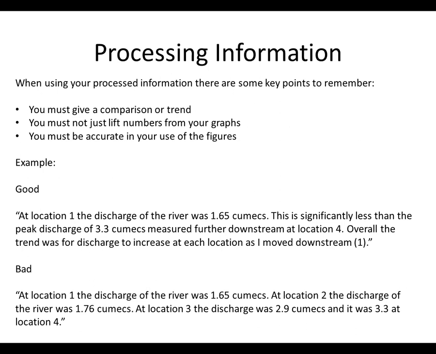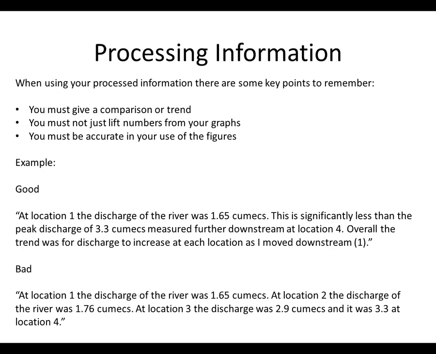So location 1, the discharge of the river was 1.65 cubics. This is significantly less. That's where you're adding the value by saying it's less, yeah, than the peak discharge. So you're adding value again here by saying the peak discharge is 3.3 and 1.65 is less than that.